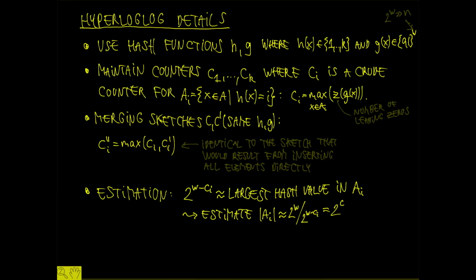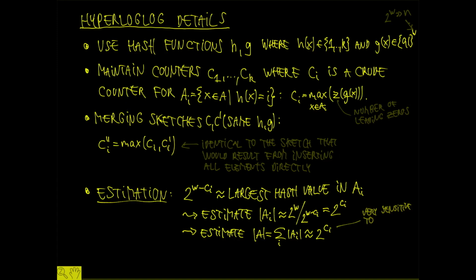This means that we can estimate the size of A_i, using the reasoning from KMV, as 2 to the power C_i. We could extrapolate and estimate A as simply the sum of all these estimates.